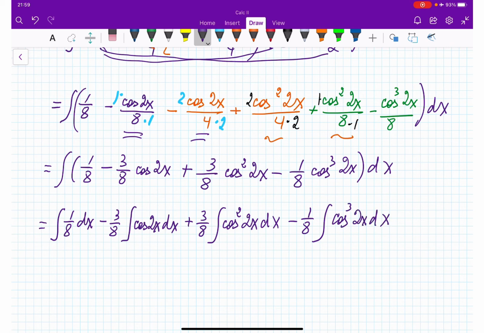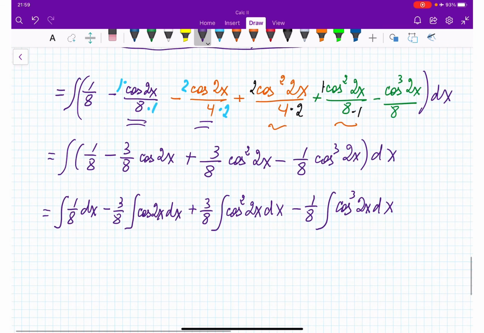While I was writing all this, I thought, okay, I took the constant out everywhere. Why didn't I take it out here? Very good question. I have no idea why I didn't take it out. I just left it there. But now I'm taking it out.